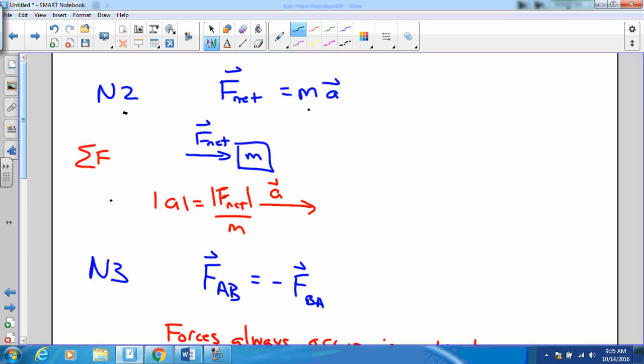The weight, the force of gravity on me, is going to be proportional to my acceleration, and the proportionality constant is my mass, which is somewhere around 70 kilograms.